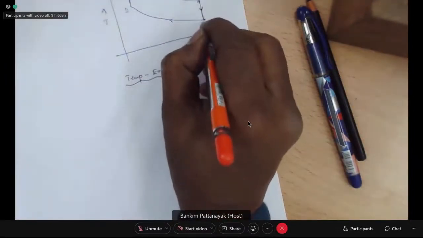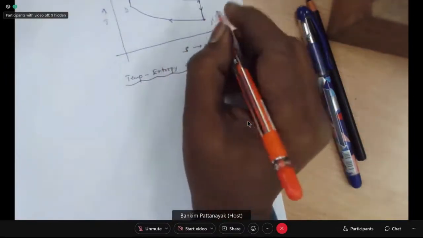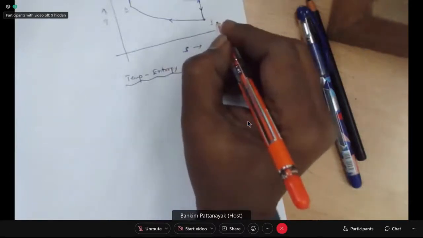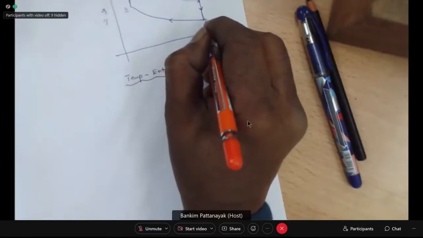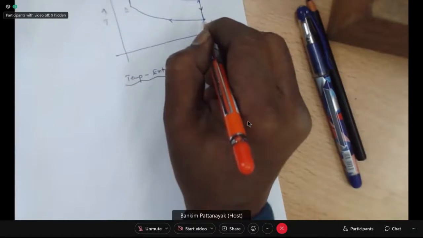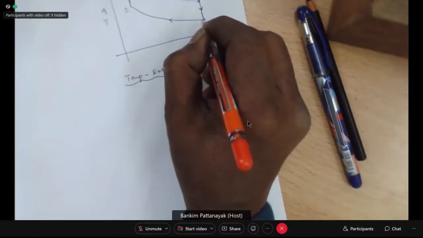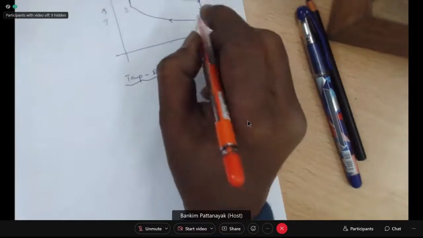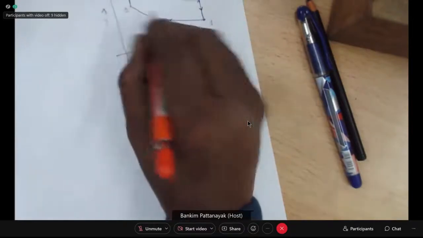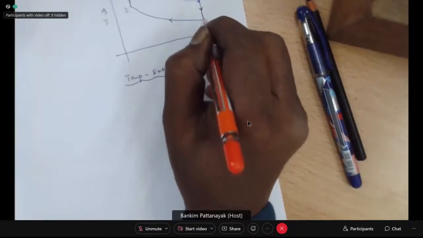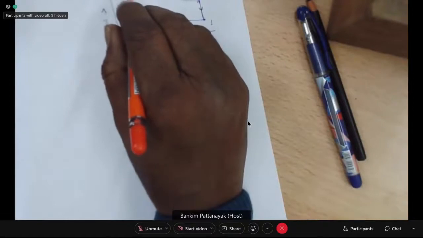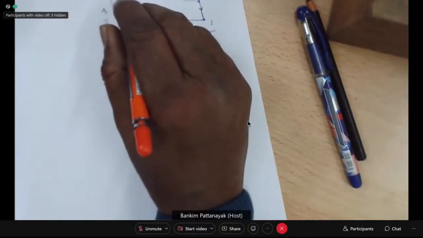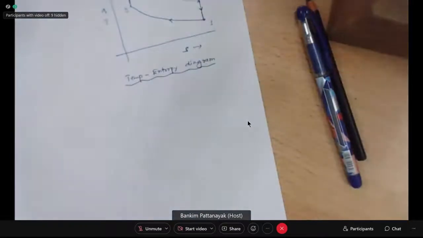For example, in an IC engine, internal combustion engine, you take in the air inside the cylinder, top dead center to bottom dead center, some amount of air is sucked in, and then you compress it from 1 to 2. So the volume reduces from 1 to 2, and at that point, you inject the fuel in case of a diesel engine, or you spark the initiation of the firing.